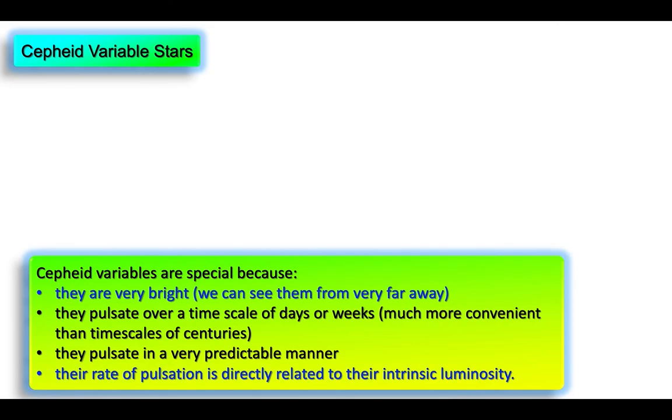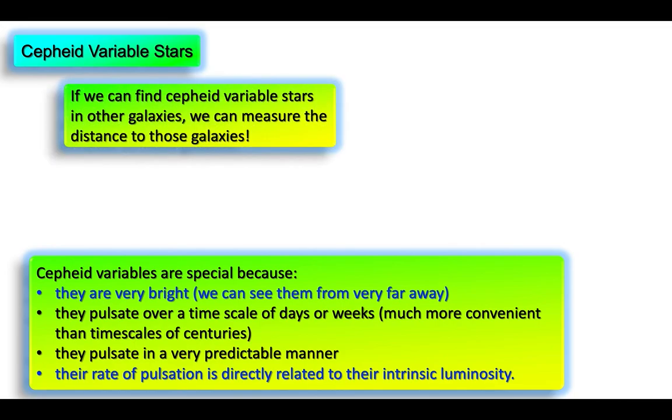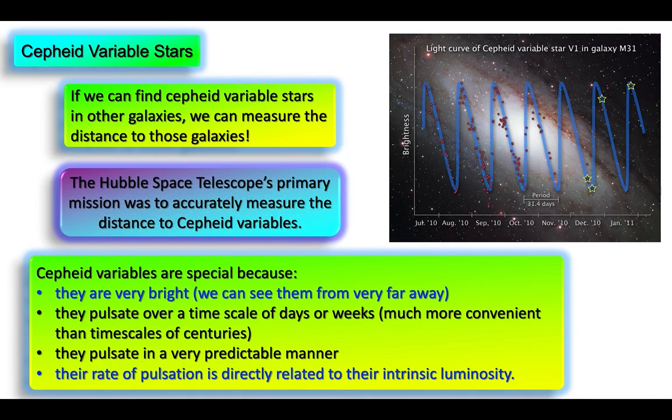Cepheid variables are very bright, and their rate of pulsation is directly related to their inherent luminosity, their inherent brightness. If we could find Cepheid variables in other galaxies, then that means it's possible to measure the distance to those faraway galaxies. And the Hubble Space Telescope's primary mission was to accurately measure the distance to Cepheid variable stars. This allows us to accurately measure the distance to these other galaxies.